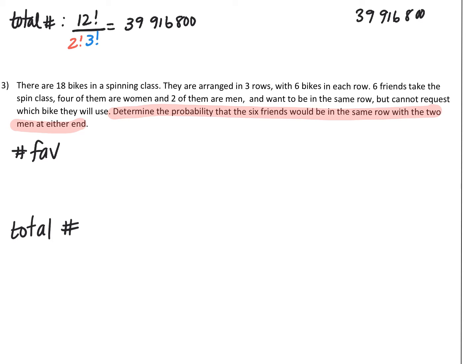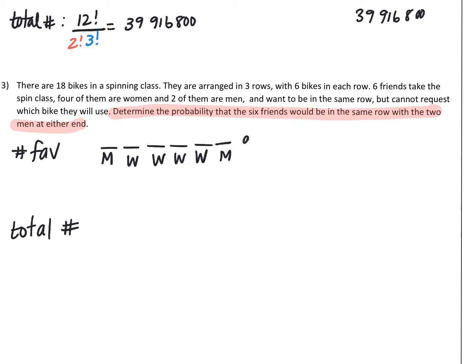So thinking about what we want here, in the row that they're going to be in, 1, 2, 3, 4, 5, 6, there's 6 bikes in each row. We want to have the men on the ends, and then we want to have the women there, right? So that would be like in row 1.